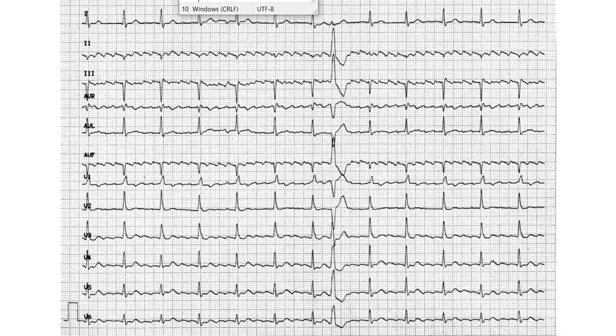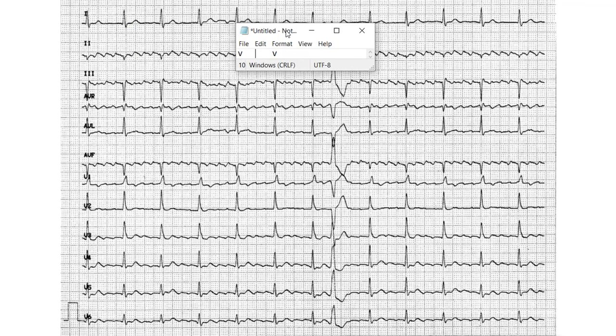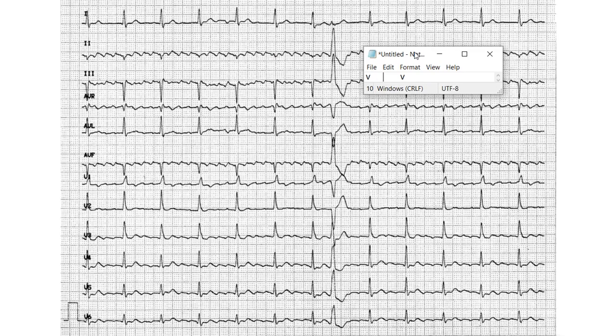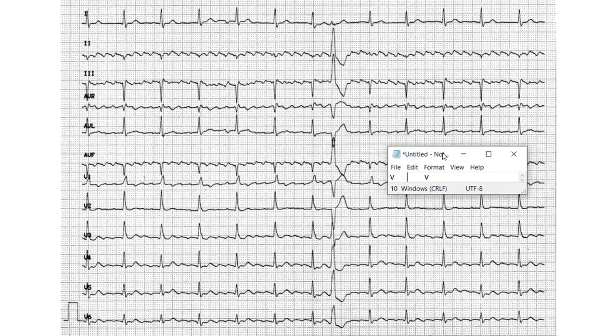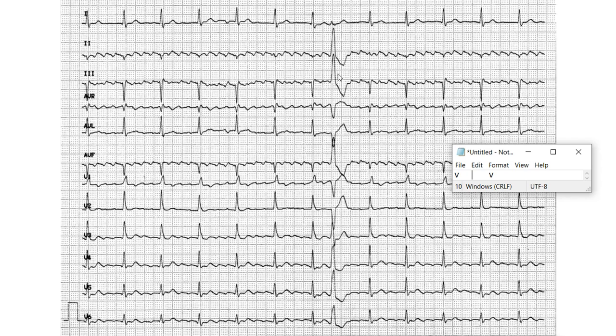Of course, I need a bit of a steady hand because I'm using a mouse. Something's going on here. Is it irregular? Maybe, I don't know. Okay, it's roughly regular, maybe a bit irregular here. Of course, when you go to another lead, you notice that there is a singular extrasystole over there.